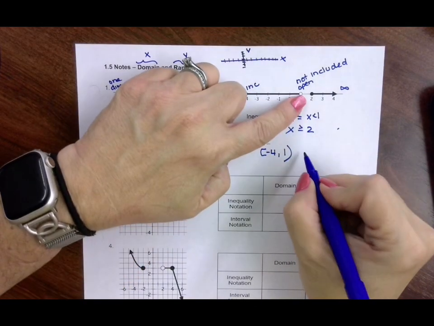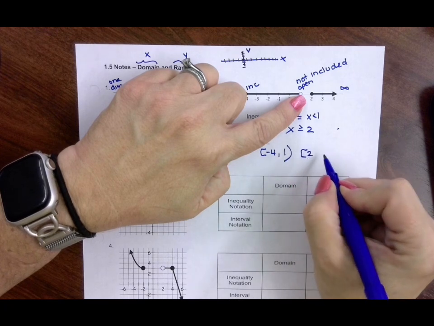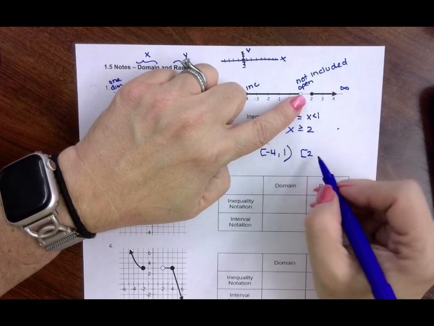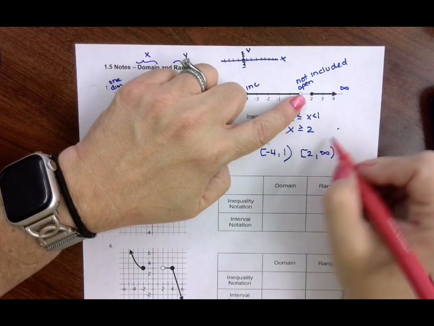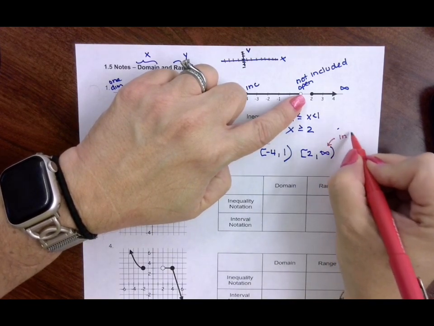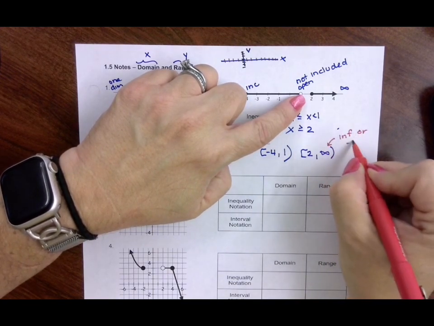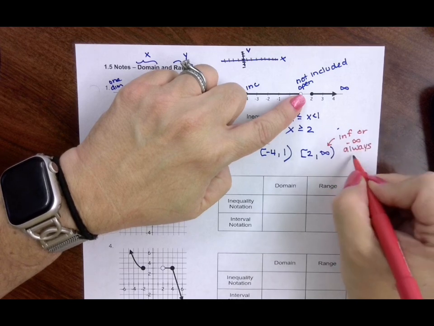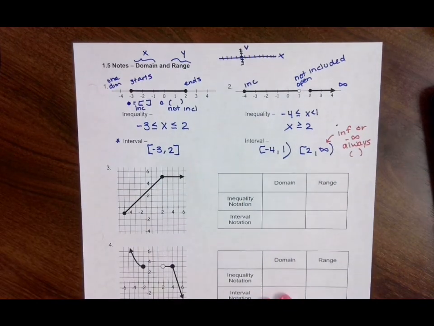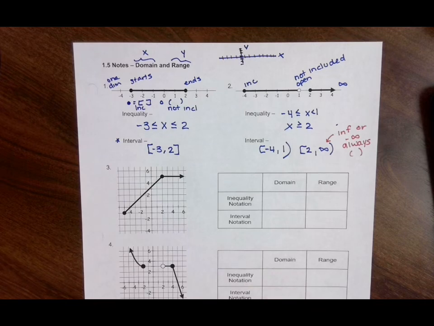And then I'm going to start over again at 2. And this time I'm going to keep going all the way to infinity. It doesn't end. And infinity or -infinity is always parentheses. We're not using a bracket.